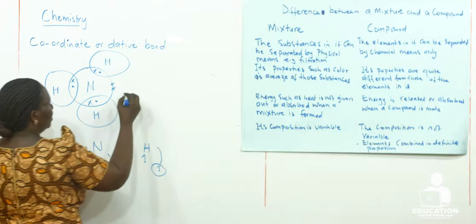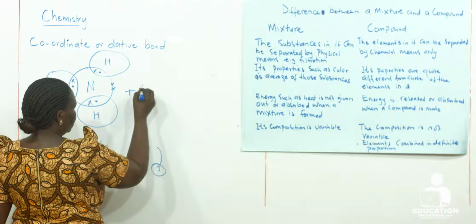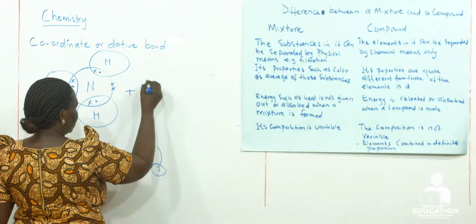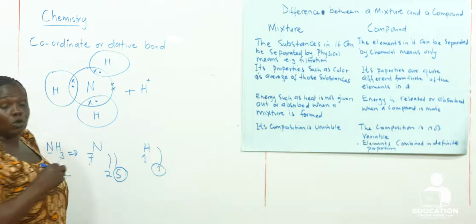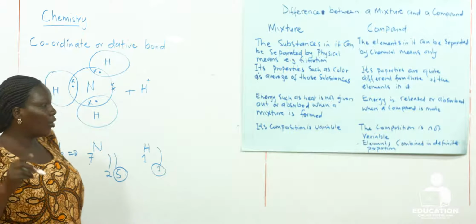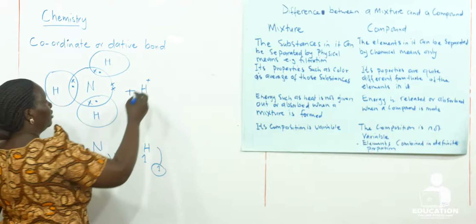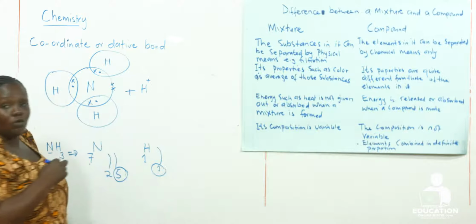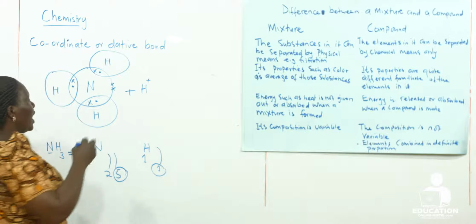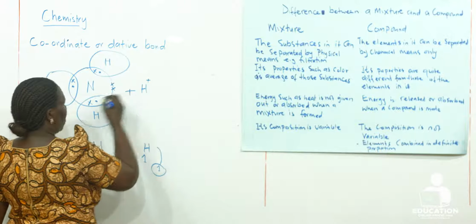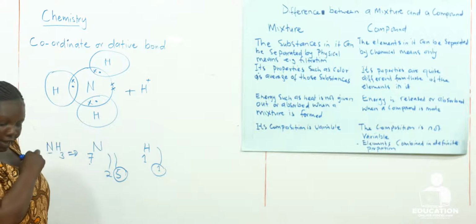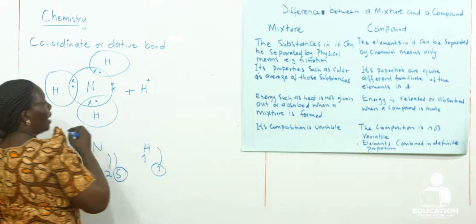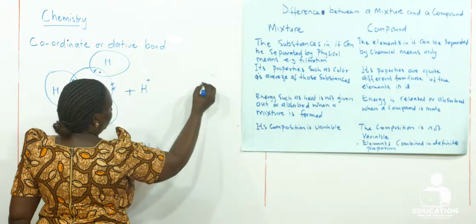Then a hydrogen proton that has got completely no electron. A hydrogen proton is an atom that has lost its only 1 electron. So the hydrogen proton will come and combine with the ammonia to give us ammonium ion with this structure.